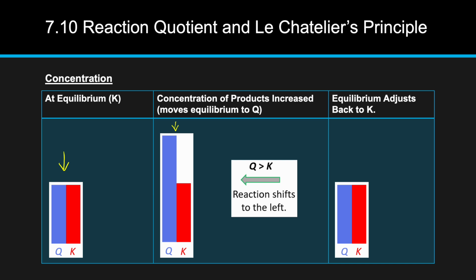And because we have a higher number of products, we need to consume those products and head back towards the reactants. So since we are shifting left, we are making more reactants, and then eventually we will get back to equilibrium, where our ratio of products and reactants matches that equilibrium constant.